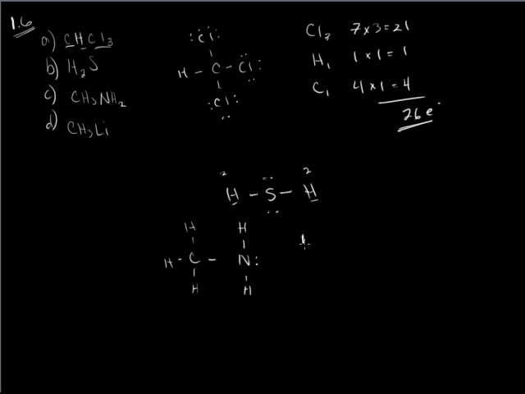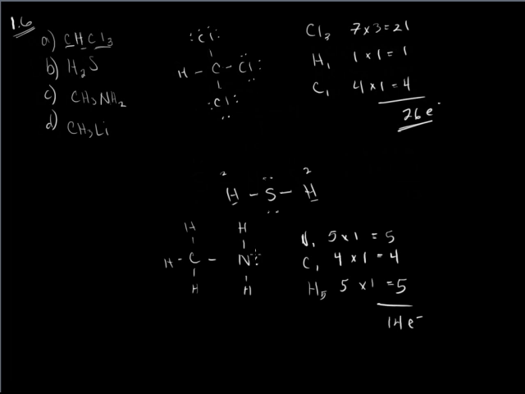We have 1 nitrogen. Nitrogen has 5, so 5 times 1 gives us 5 valence. We have carbon, 1 of them. That's worth 4 valence. And our hydrogens, 1, 2, 3, 4, 5 hydrogens. 5 times 1 equals 5. Okay, that gives us a total of 14 valence electrons.